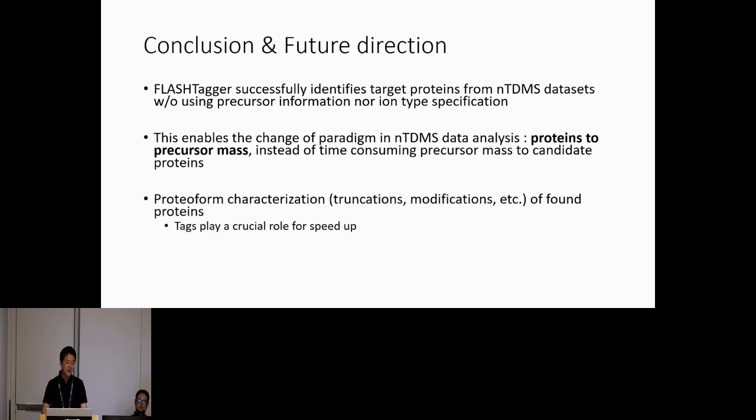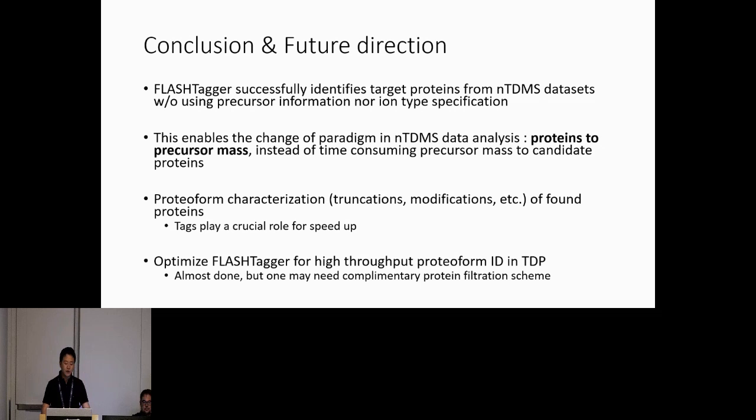So yeah, they're happy. Proteoform characterization is also needed because so far it's just protein identification. It can be done basically just by looking at the position of tags, but actually we implemented this proteoform characterization algorithm already, and we found that tags play a very crucial role in speeding up this characterization, because tags can anchor the points where you don't want to explore too much in the space of modification.